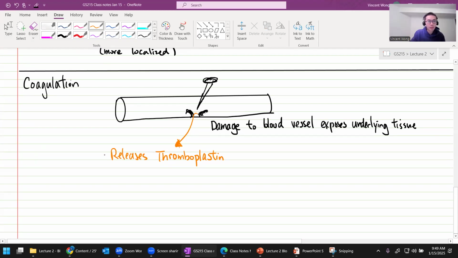Damaged tissue releases thromboplastin. That's the first step. If you don't have a cut right now, you will not have thromboplastin in your system.